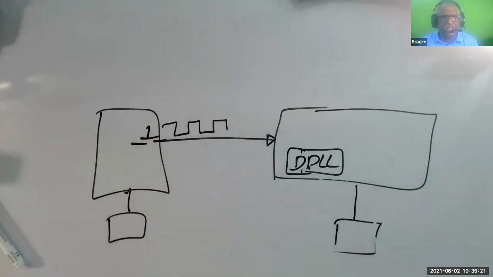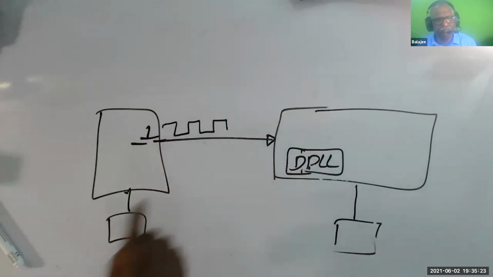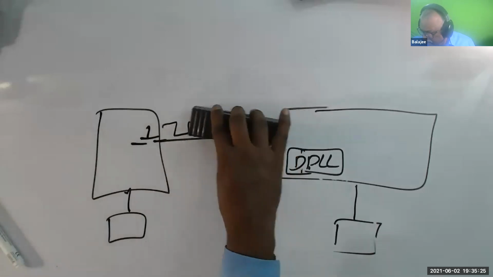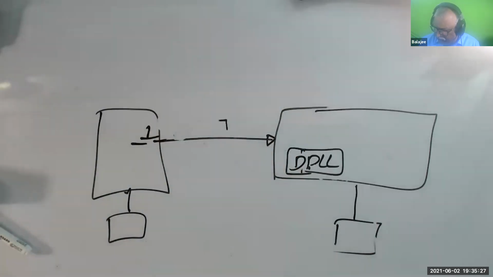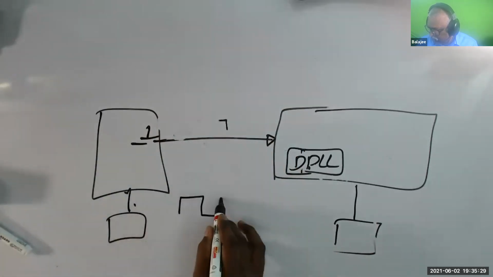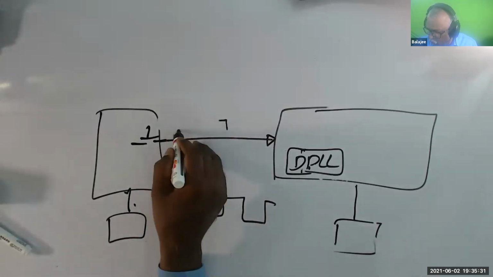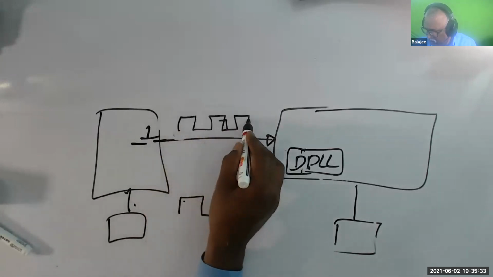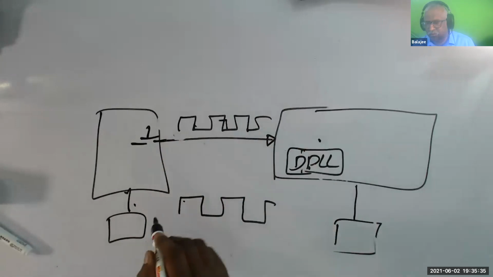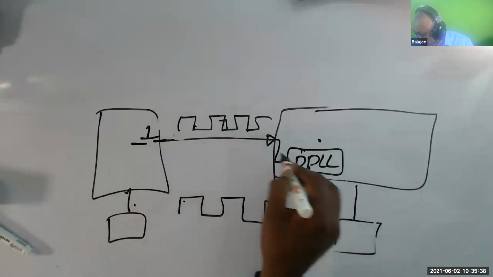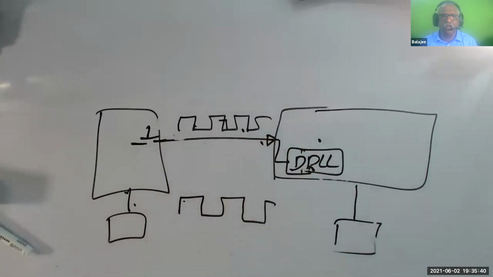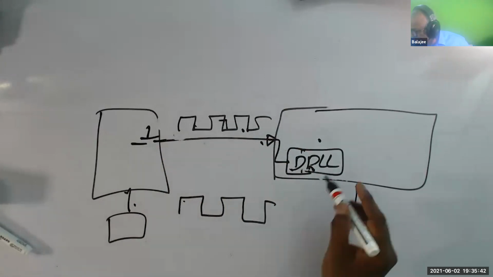So I indirectly send the clock to him. Am I right? Whenever my clock is pulsing, on and off, I transmit 1010 like that. Data is going there. So this guy takes this as a clock and he finds a delay.